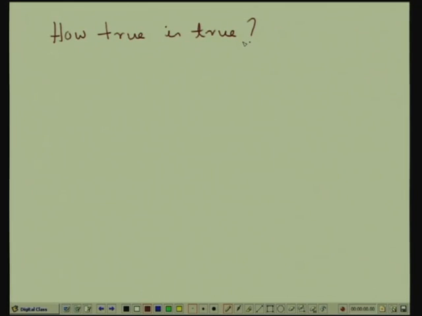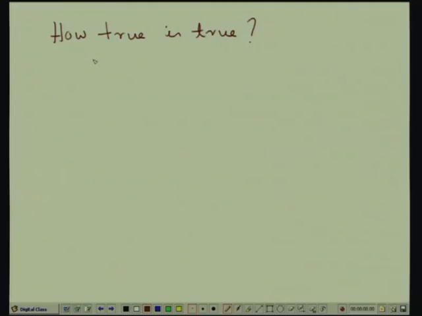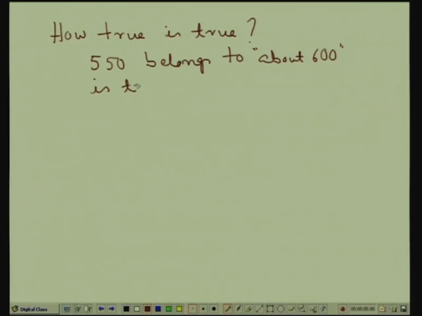That means, I say, well, what he said is true, okay? Or say I say 550 belongs to the fuzzy set about 600, this statement is true.